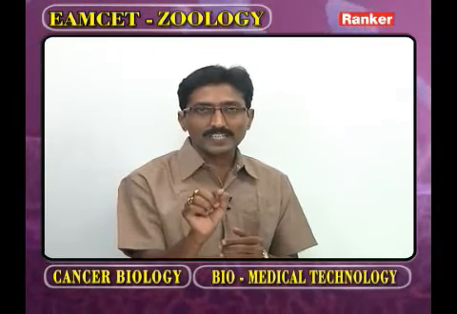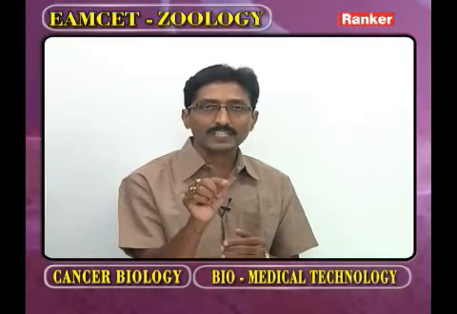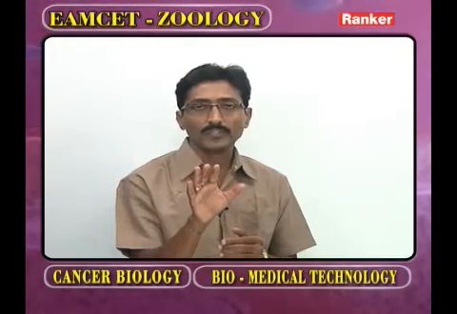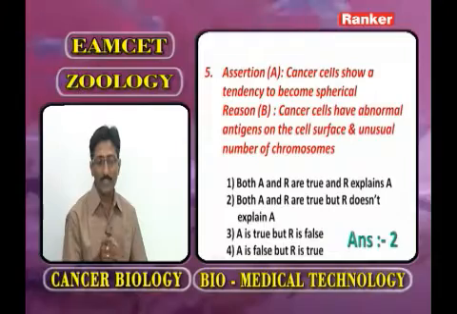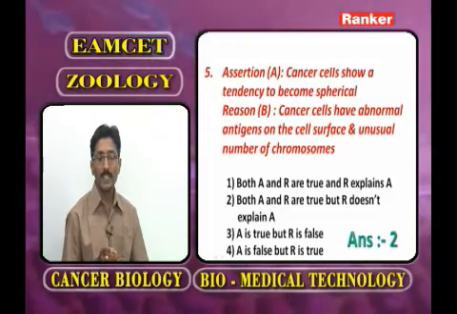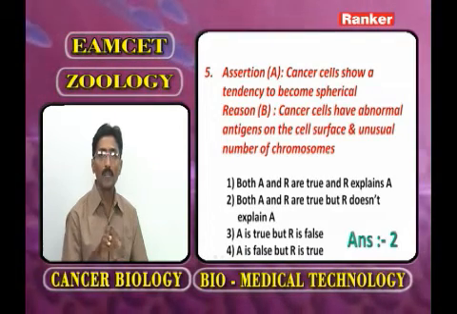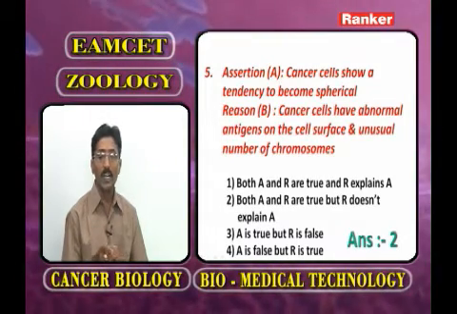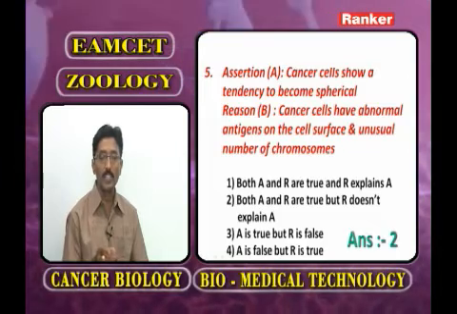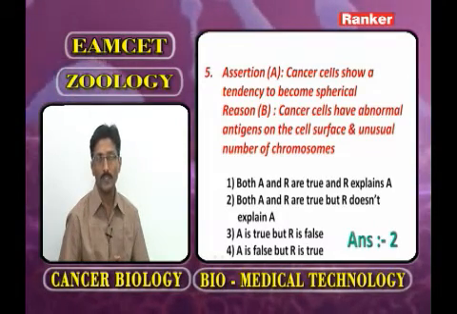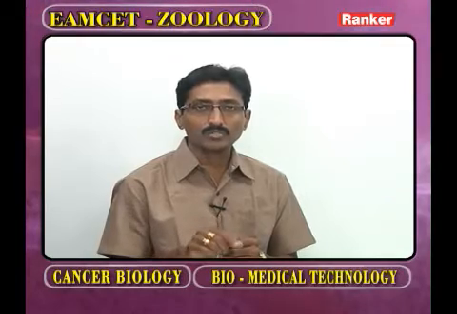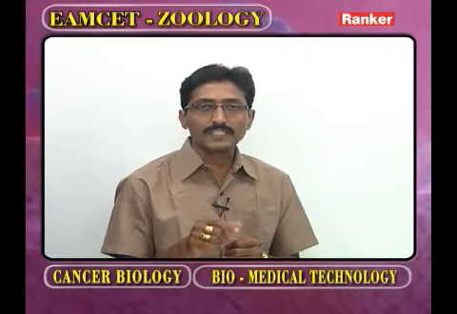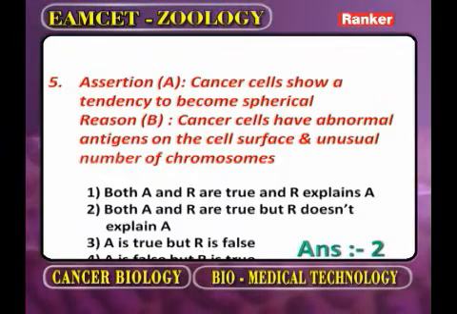So for this assertion, the reason is the smaller number of microfilaments, so that the cancer cell is spherical in shape. Here we observe the reason: cancer cells have abnormal antigens on the cell surface and an unusual number of chromosomes. So the reason and assertion both are correct, but the reason is not the correct explanation of the assertion. The next one.